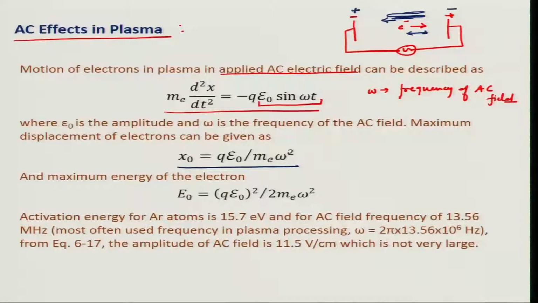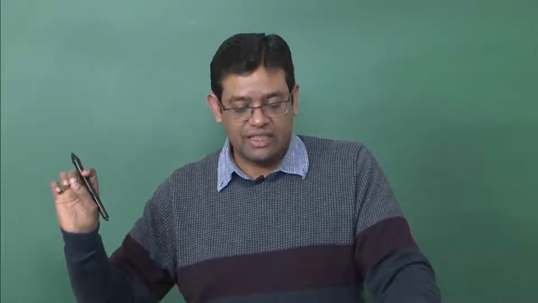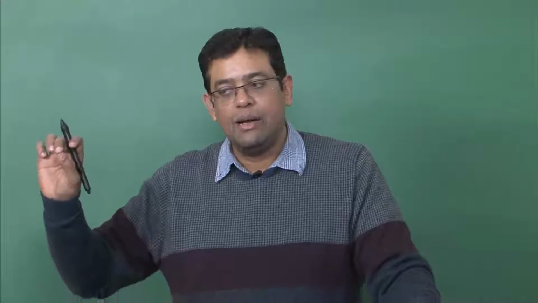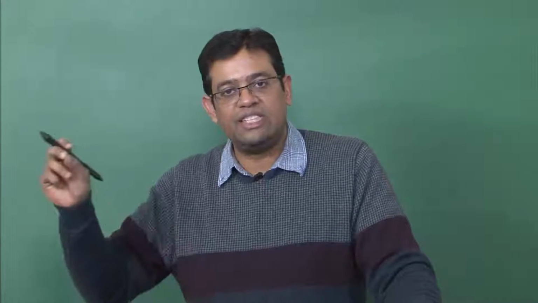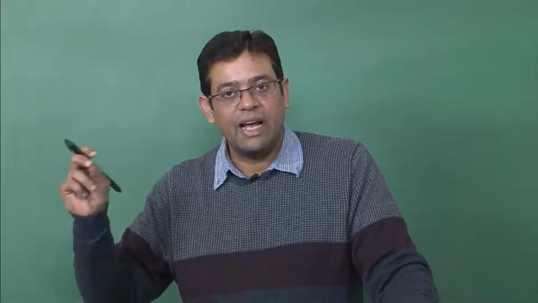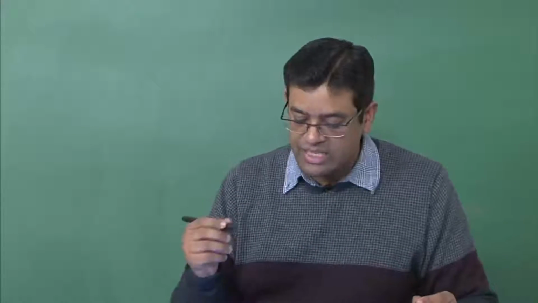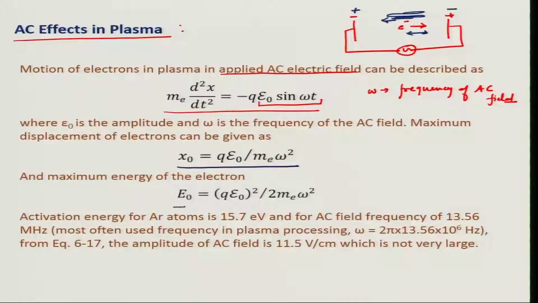As it is moving through this x0 distance, it will gain energy because it is accelerating till that distance. And it will reach a maximum energy before it starts to decelerate and change its direction, and then again accelerate in the other direction. So, the maximum energy it will achieve is given by this expression here.